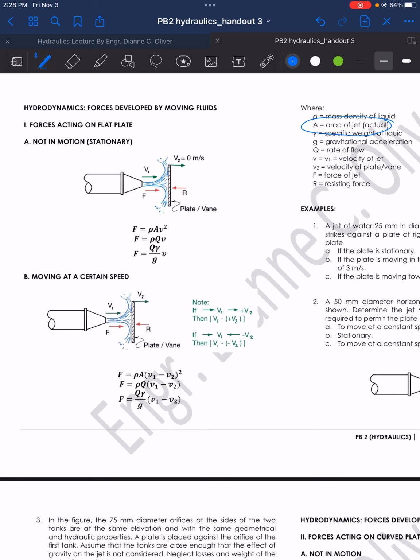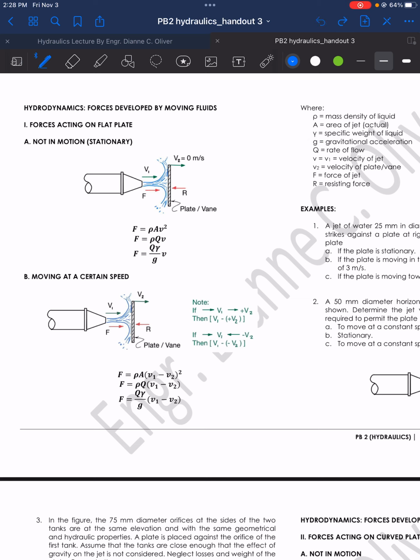The A there is the area of the jet, that is the actual area of the jet. So there will be a given diameter of the jet here, not the diameter of the nozzle, rather the diameter of the jet. And then gamma is the specific weight of the liquid. g is the gravitational acceleration, and we will use there 9.81 meter per second squared.